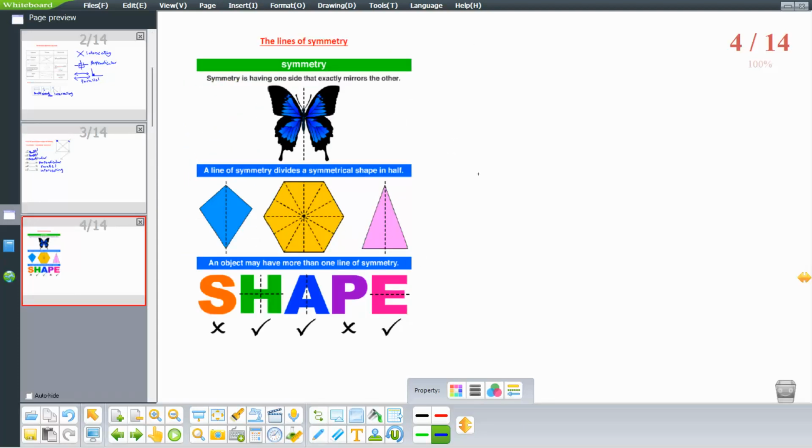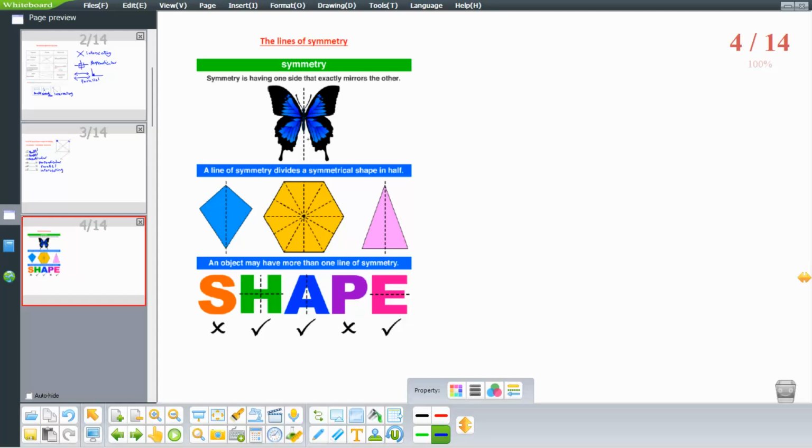Okay, now we are going to talk about the line of symmetry. Symmetry means having one side that exactly mirrors the other side, or a line of symmetry divides the shape into two equal parts, like this line. This is the line of symmetry.